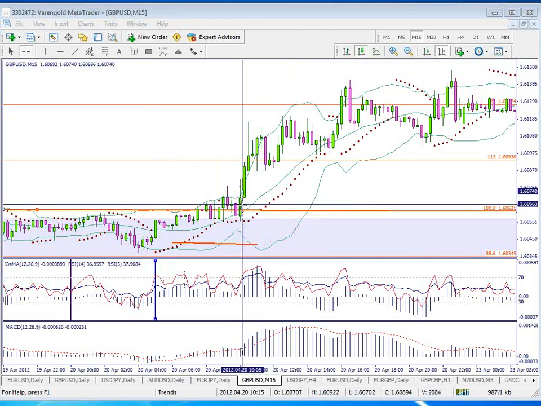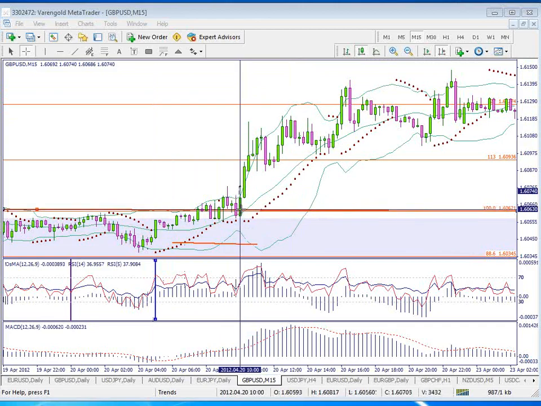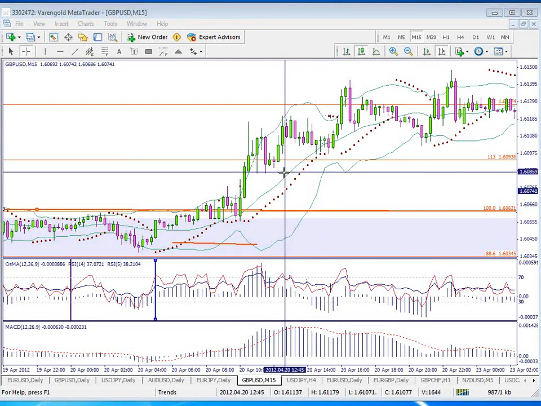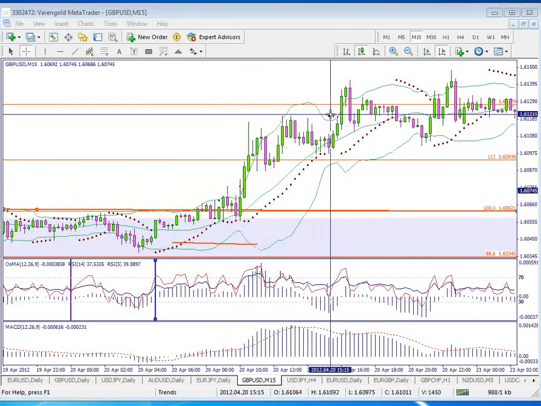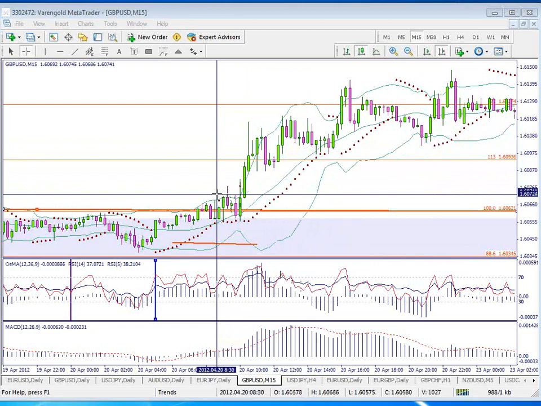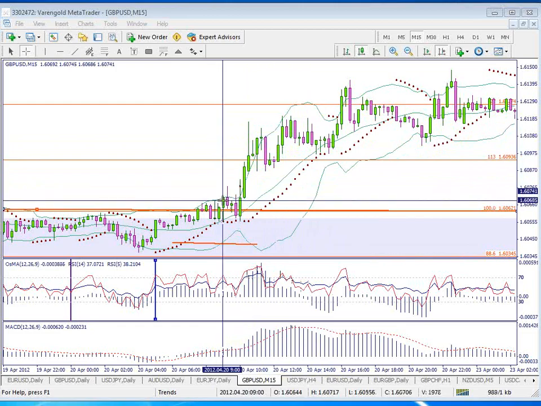But again, it depends on the time zone you are in. If you can trade something like this, maybe when you are coming back from work, you can catch the London session and trade for 1 or 2 hours.